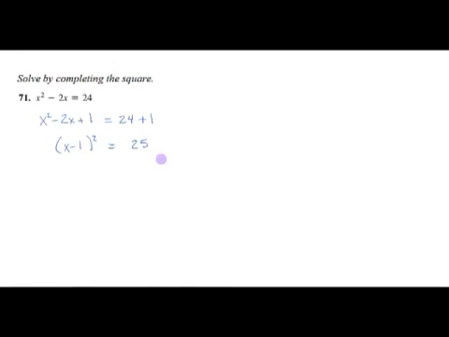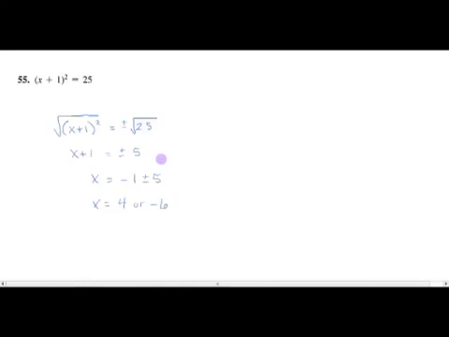Now we have a problem very similar to the one we worked earlier, where we have the square of a binomial equals a number, and then we use our square root method to finish solving. So that's really what completing the square is about: making a perfect square trinomial so that it factors as the square of a binomial, and then we can use the square root method on it after that.